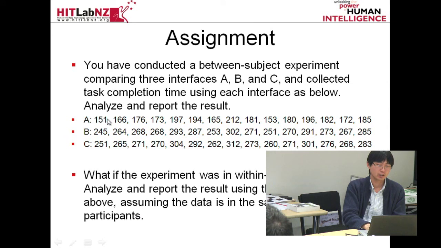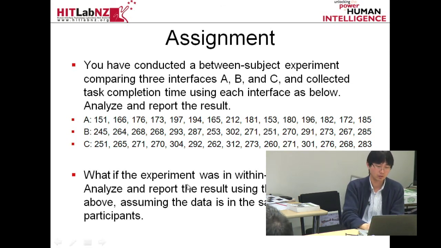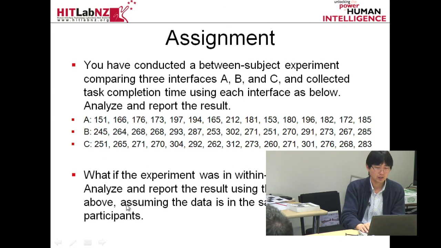So this time you're assuming that these 3 values are done by the same participant. So you have to type in these 3 values in the same row when you type in for the ANOVA. So that's the second thing, and you'll be surprised again how different results you will have.